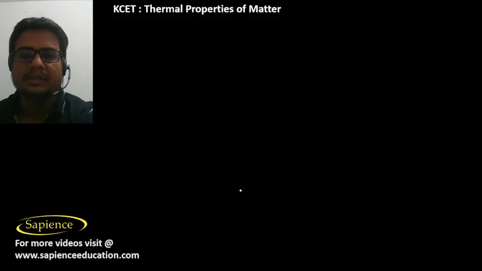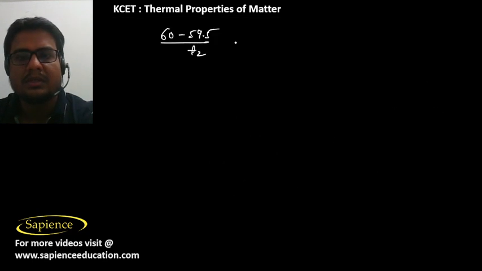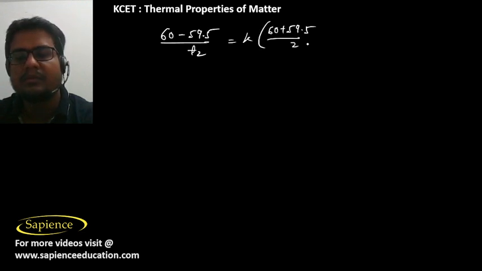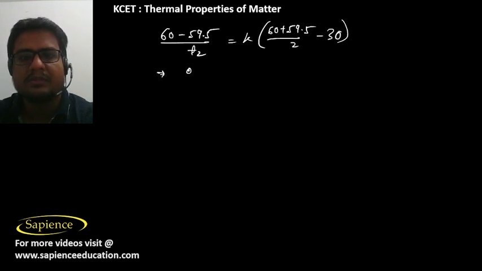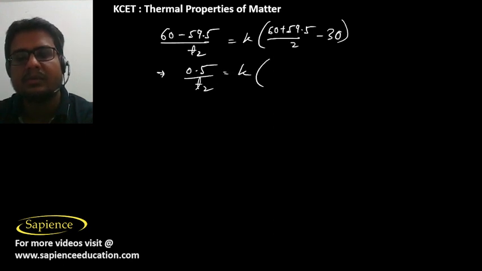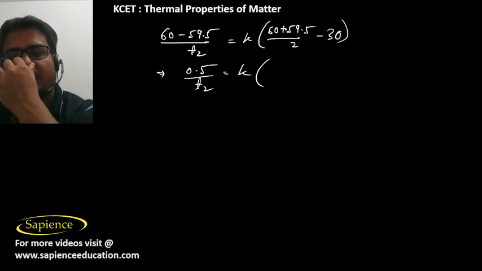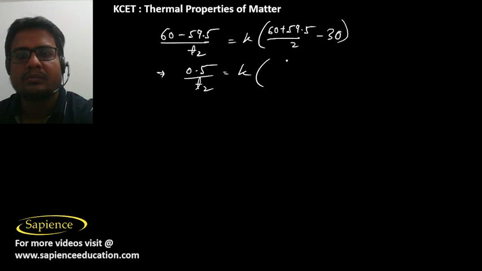And then in the second case it is (60 minus 59.5) divided by t2 is equal to k into ((60 plus 59.5) divided by 2 minus 30). So we can say that 0.5 by t2 is equal to k into (59.5 plus 0.5 by 2, that is 0.25), so this is 59.75 minus 30.